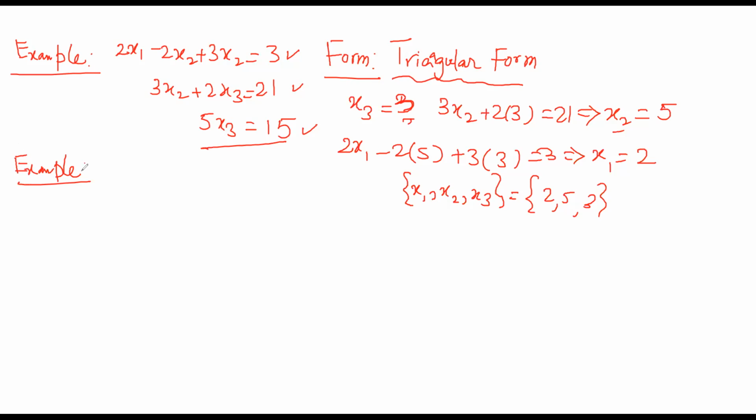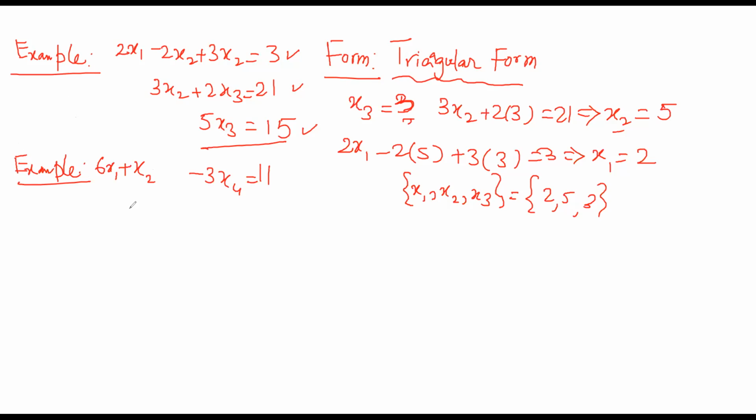In this example, we have the equation like this. So 6x1 plus x2 minus 3x4 is equal to 11.